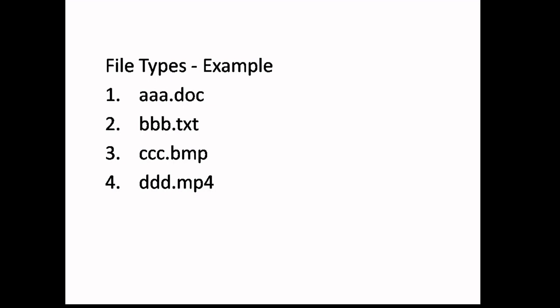BMP represents a bitmap file, which is a kind of image file, and the name of the file is CCC. Similarly, the last one is a video file, named DDDD. So every file should have a unique ID through which the file will be identified.